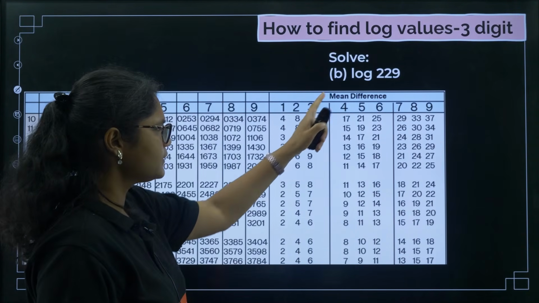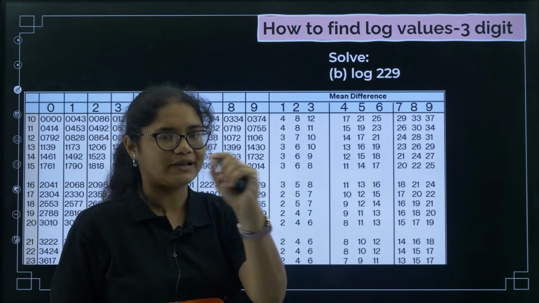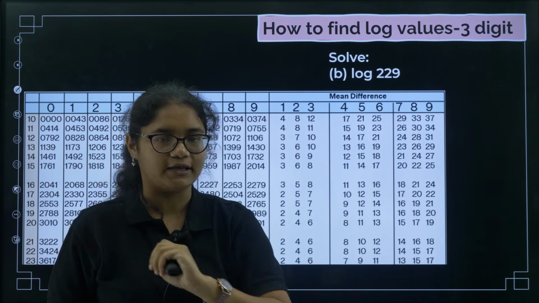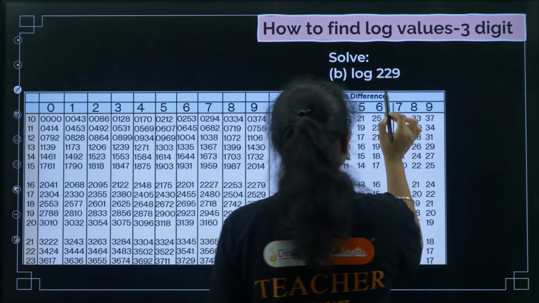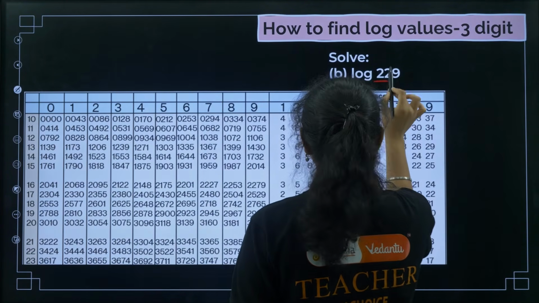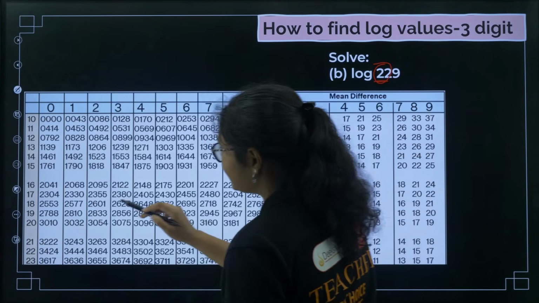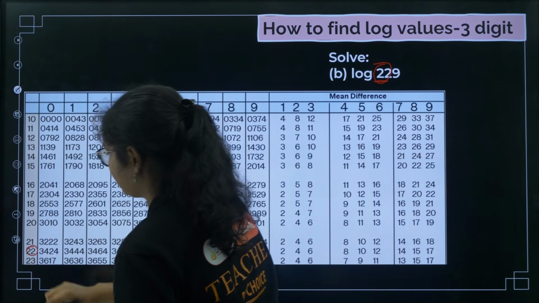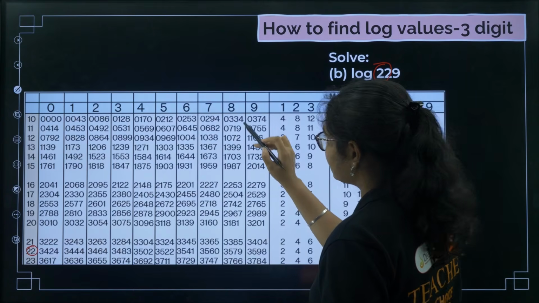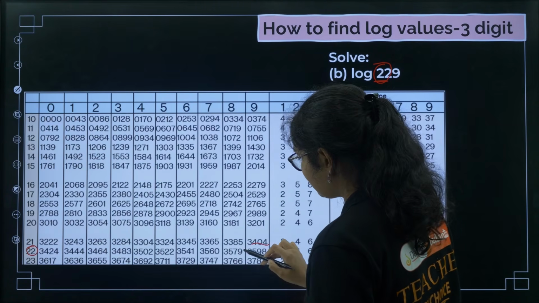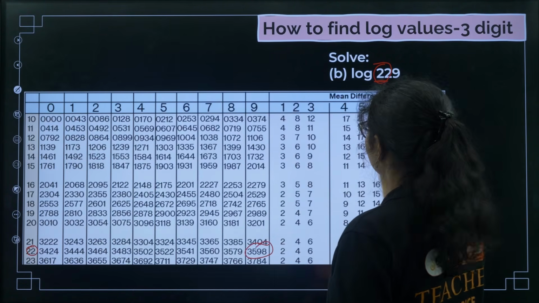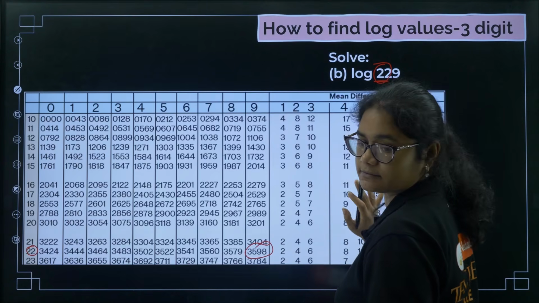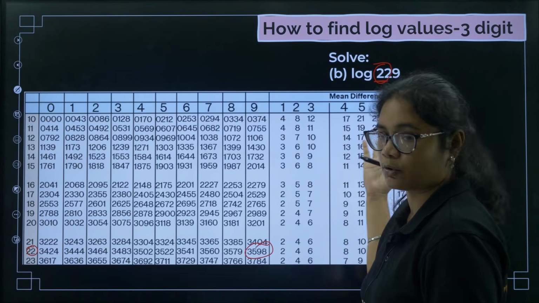Next example, we'll see a 3-digit number. I have taken log of 229. Again, first we check 22. The first 2 digits you need to consider: 22. Yes, we have 22 here. Then the 9th number from here. So what did I get here? 3598. There is no other digit, so we will not look at the mean difference. The mean difference is seen only if there is a 4th digit.